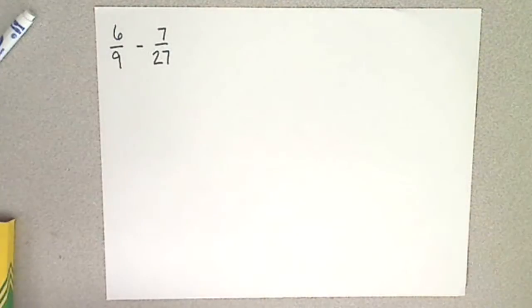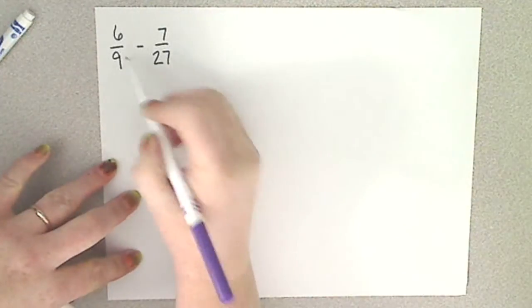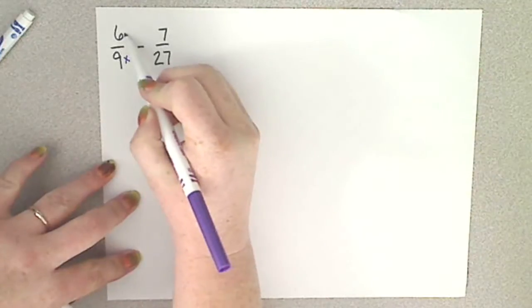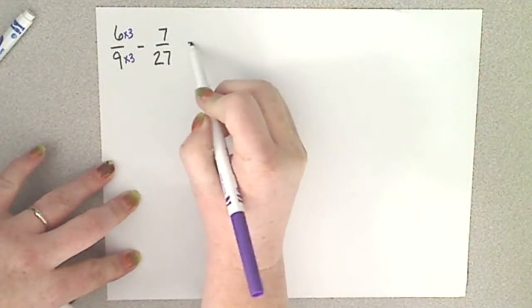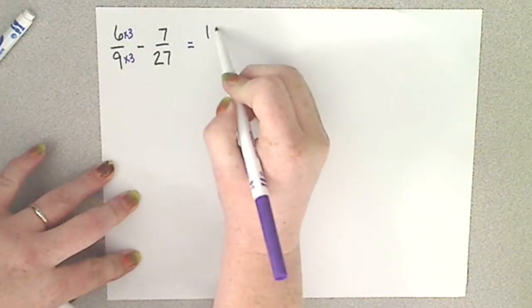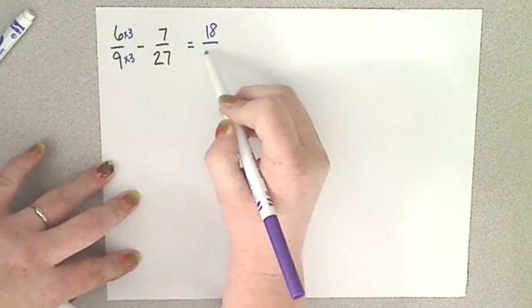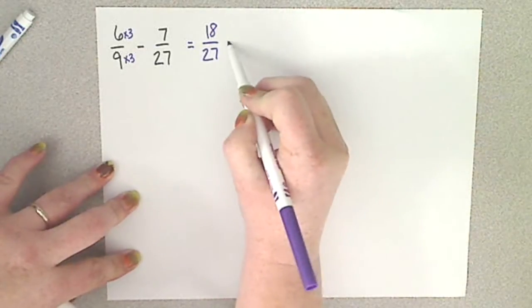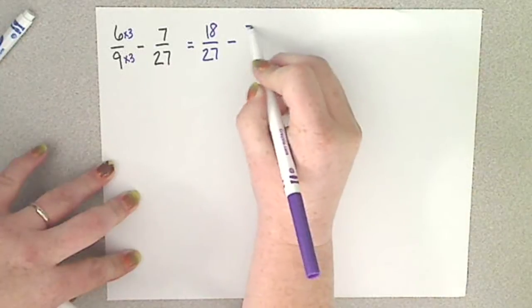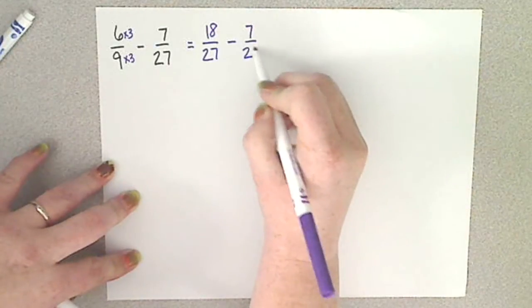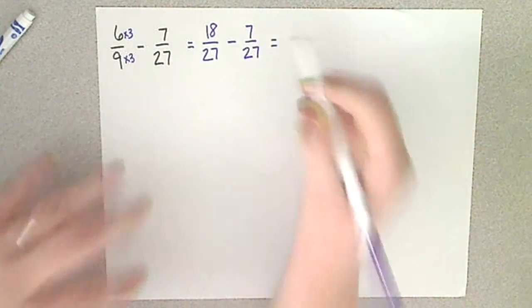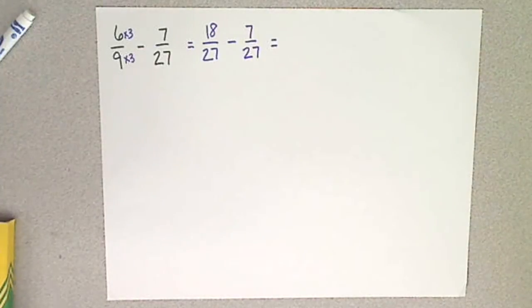And yet again, I have to have fractions with the same denominator. I know that I can multiply 9 by 3 to get 27. So 6 times 3 is 18. 9 times 3 is 27. So then I have 18/27 minus 7/27. And now I'm subtracting apples and apples.